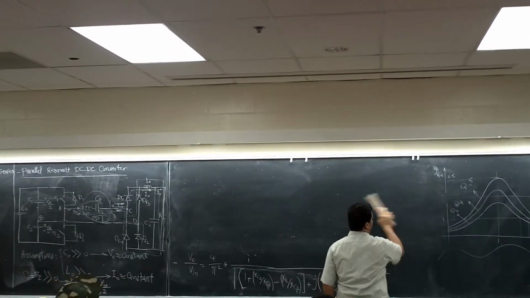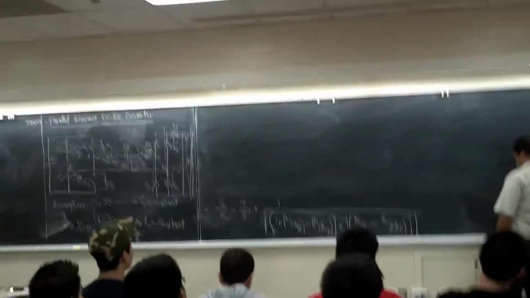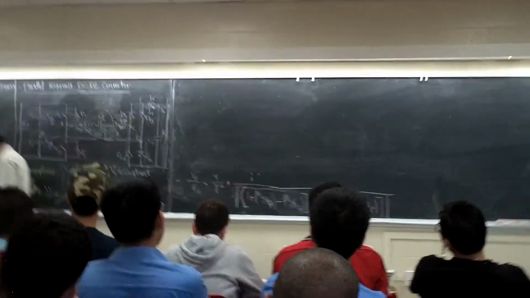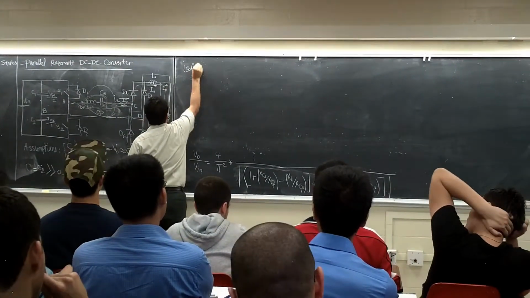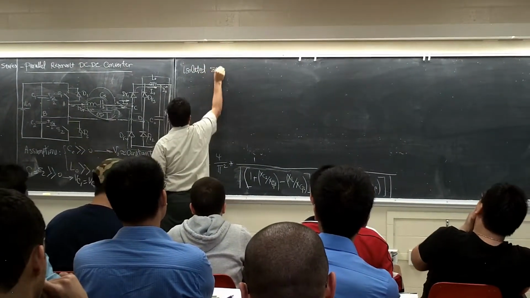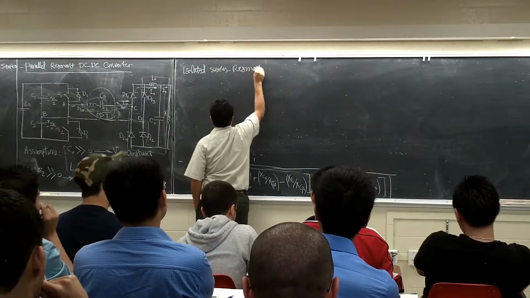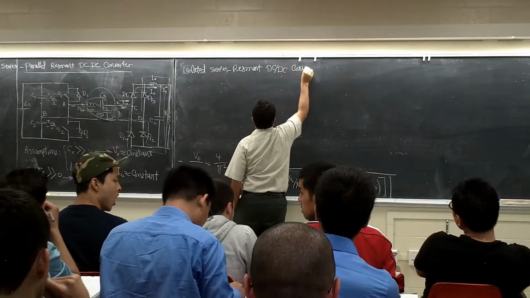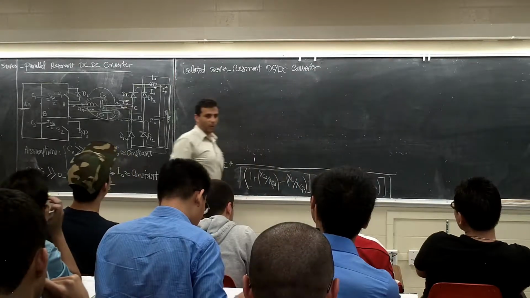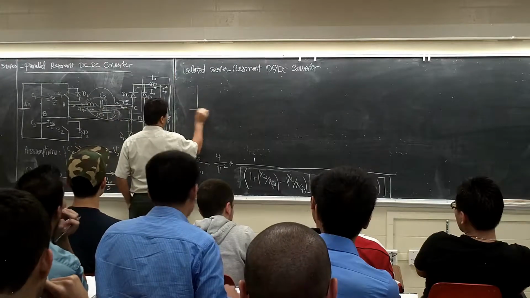So if you want to, for example, do an isolated one, I'll go back to the very first: the isolated series resonant converter. I'm not going to discuss the circuit in detail, but let's see what it is. So the series one we discussed was like this, right?